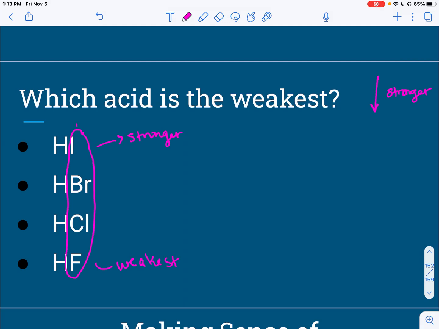That's because HI is the biggest atom. As you go down a group, the atoms get bigger. So I is going to be the bigger one, which means it's harder for it to hold on to that H because it's so far from the nucleus, and the cloud is going to be bigger. When it's harder to hold on to it, that means it's a stronger acid because H can get away easier.